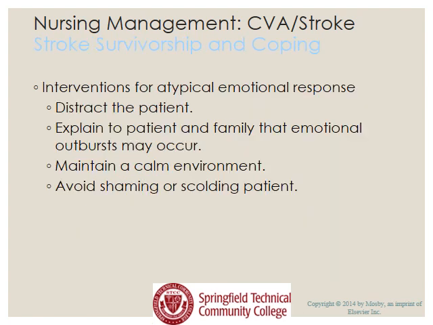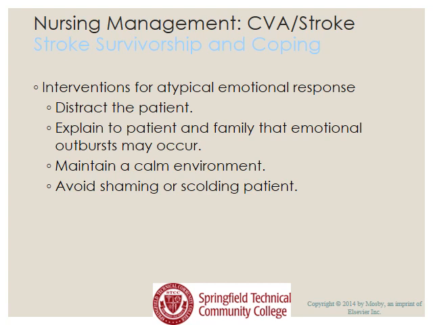For patients who have atypical emotional responses, like outbursts or starting to laugh for unusual reasons, they can have many different atypical emotional responses. As a nurse caring for these patients, you're going to distract the patient and make sure that you explain to the patient and the family that sometimes atypical emotional responses or outbursts can occur.